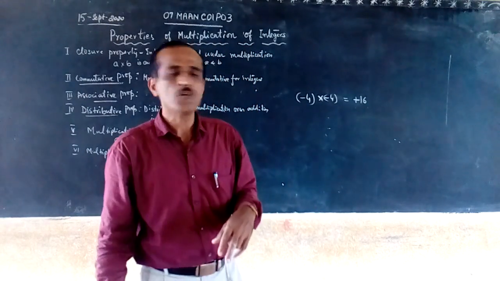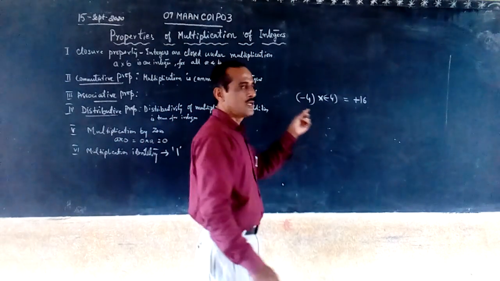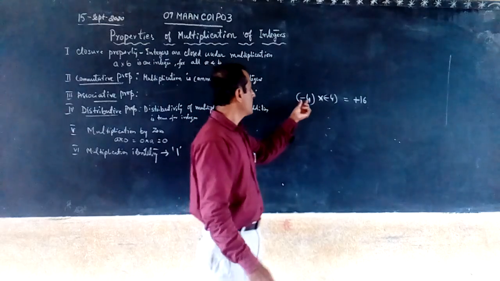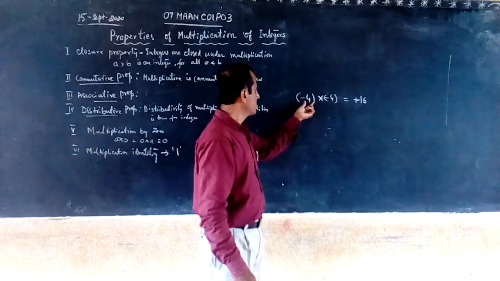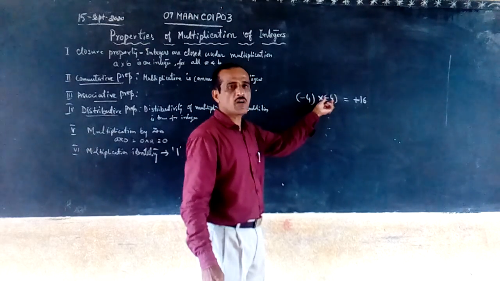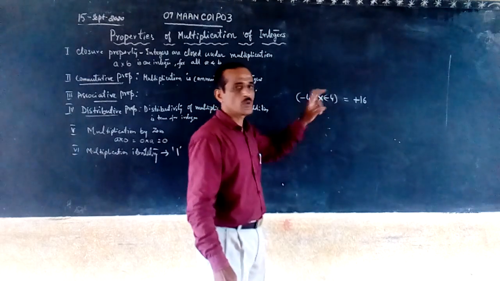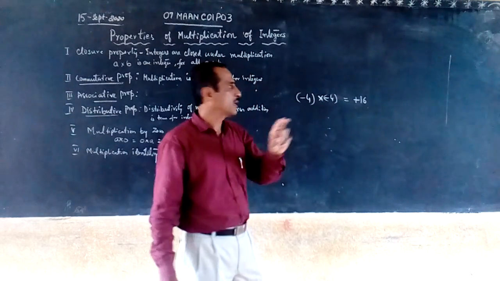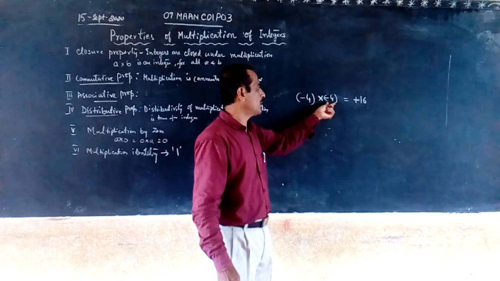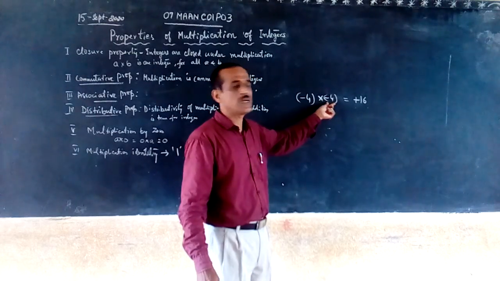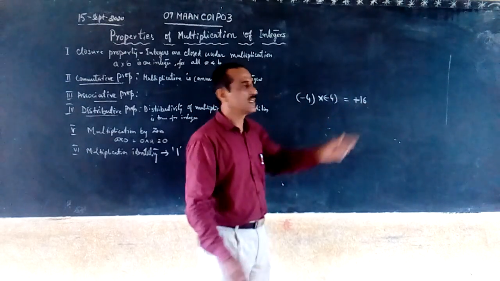That is what we have seen. So let us recall: if the number of integers in the multiplication is even, here 2, which is an even number, so when an even number of negative integers are multiplied, the product is a positive integer.